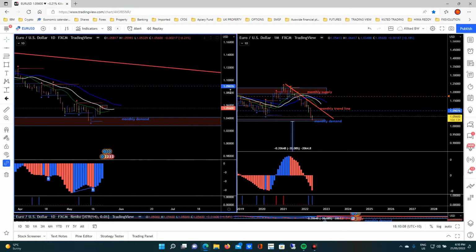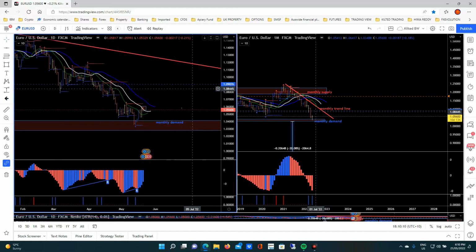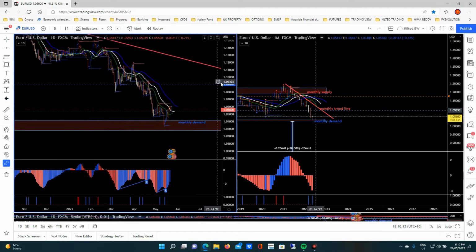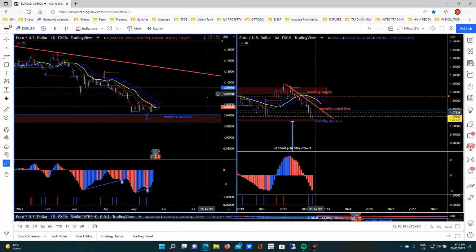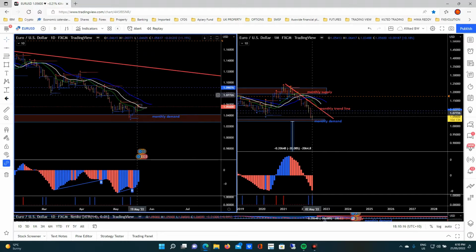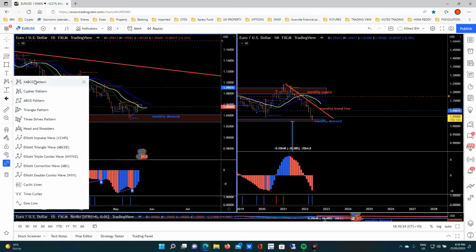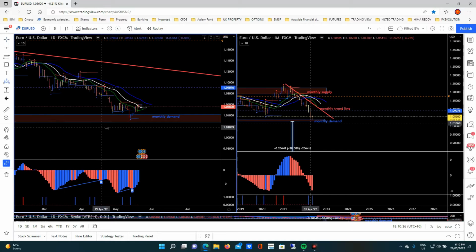Now if we were going to play this conservatively, what we'd be doing is basically saying, okay, I want to see if we're going for a reversal. What I typically try and do is build that in with a pattern. So when I say a pattern, I'd be looking for something like this, that would be a head and shoulders pattern.